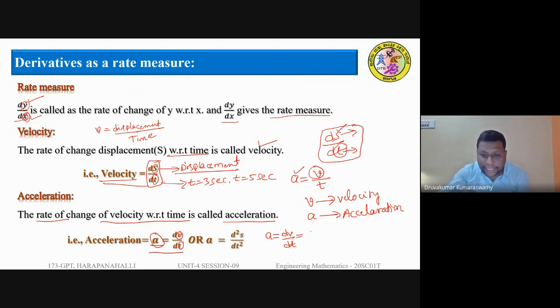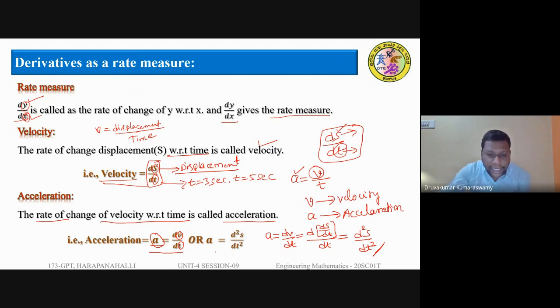Again, what is velocity? Velocity is equal to the rate of change of displacement, that is ds/dt. So acceleration is the rate of change of velocity, and velocity is the rate of change of displacement. So differentiating ds/dt with respect to t gives successive differentiation, that is d²s/dt².